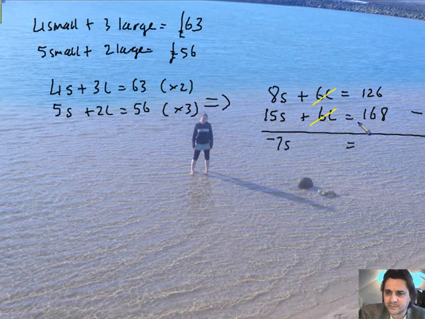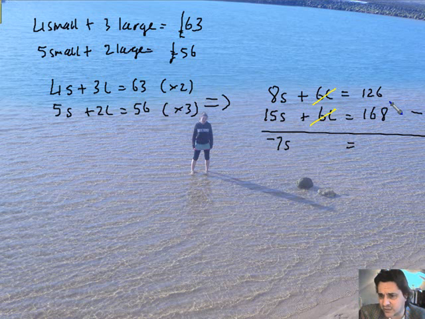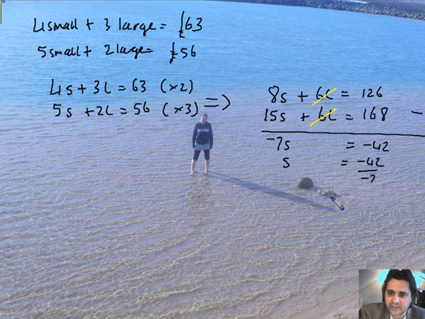The difference between 168 and 126 is 42, so that's minus £42. So the small box is minus £42 divided by minus 7, which is exactly £6, because minus divided by minus is plus anyway. So I found the cost of the small box. Well done me.